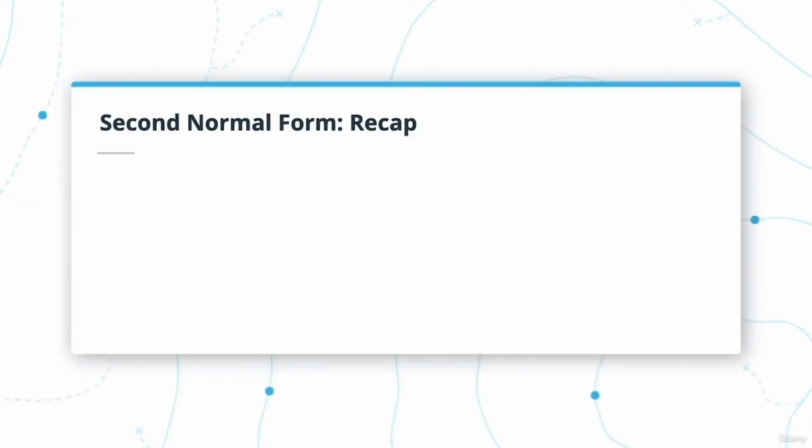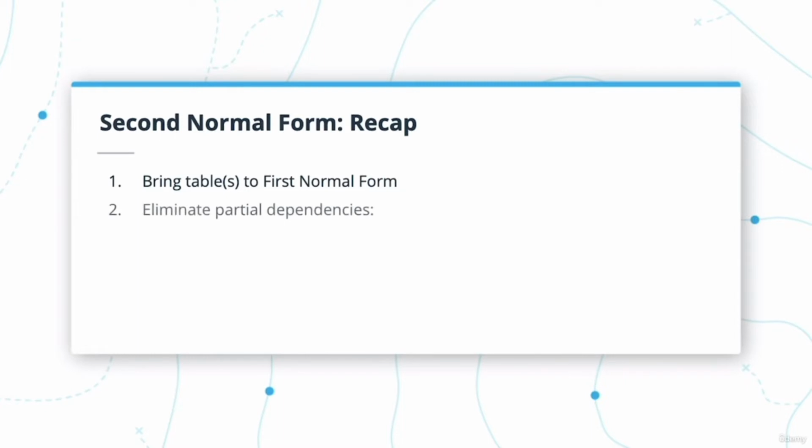So let's recap what we've done here. As a first step, we've brought our tables in first normal form. We just achieved that by taking the table that we had from the final form of first normal form. And the second thing that we did was to eliminate partial dependencies.